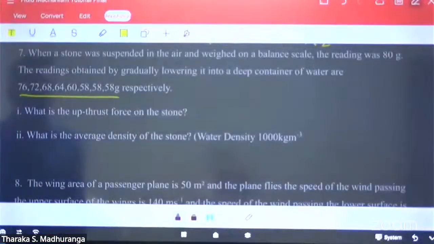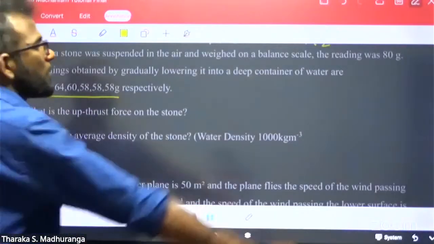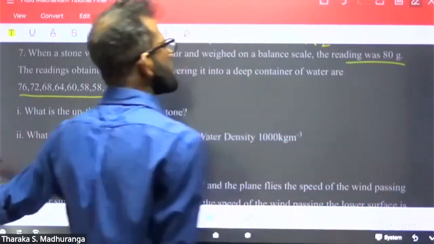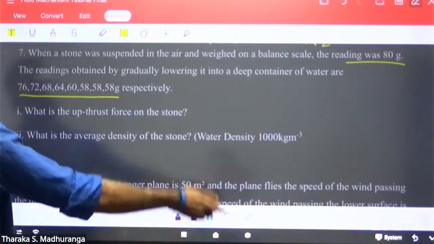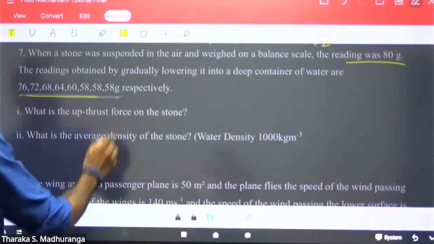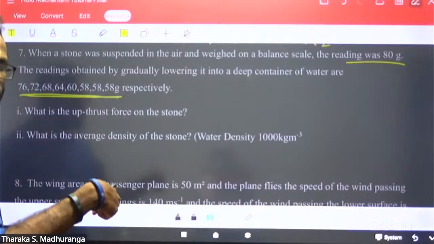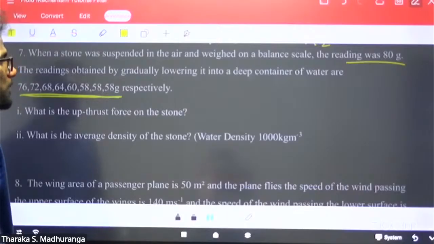Actually, we don't need the Archimedes theorem for this. What is the upthrust force acting on this stone? In the atmosphere the reading is 80 grams, and then it is lowered into water and submerged.